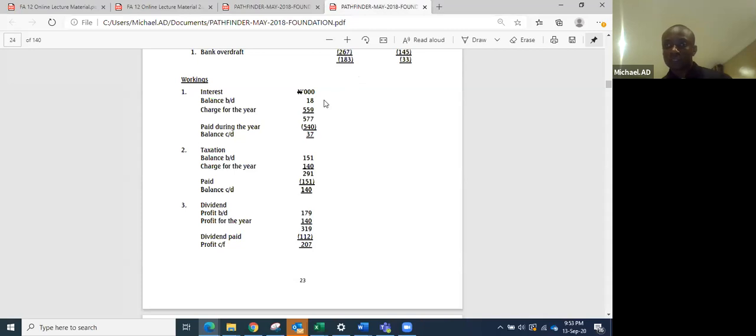So this is it. Charge for the year. How much did they charge for the year? 559. So 559 plus this 18,000 naira is 577 naira. Then how much did we pay during the year?